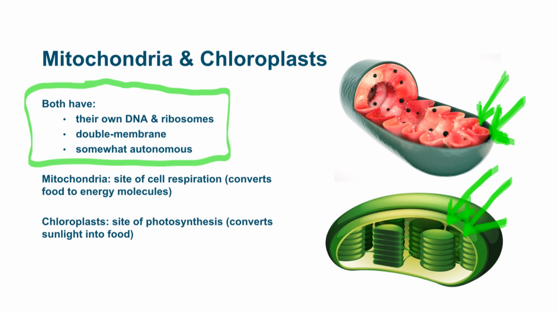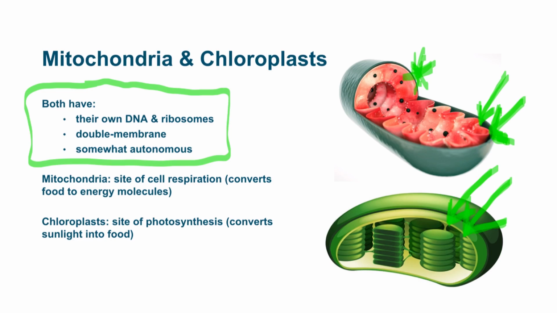The mitochondria, talking about this over here, is the site of cell respiration. This is where the cell uses food energy to make molecules of ATP. For instance, the food that you eat is supplying you with molecules like sugars, and the mitochondria is where these sugars are converted into ATP, which can be used to do other things in the cell.